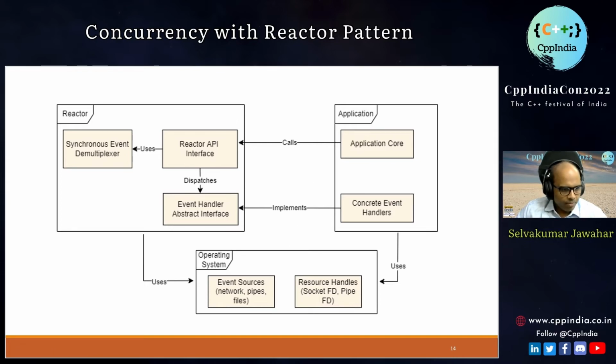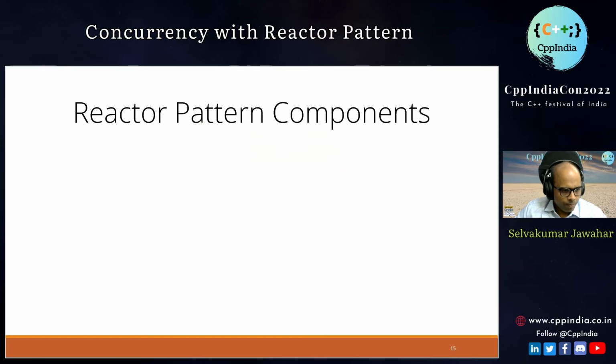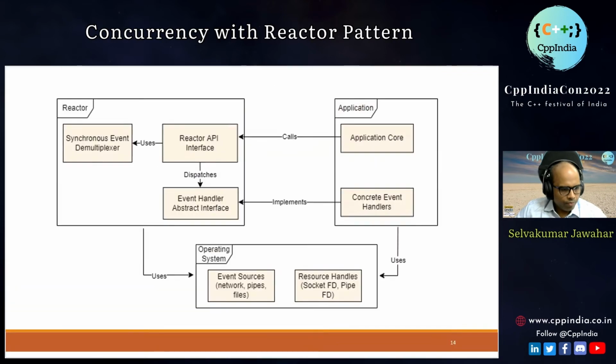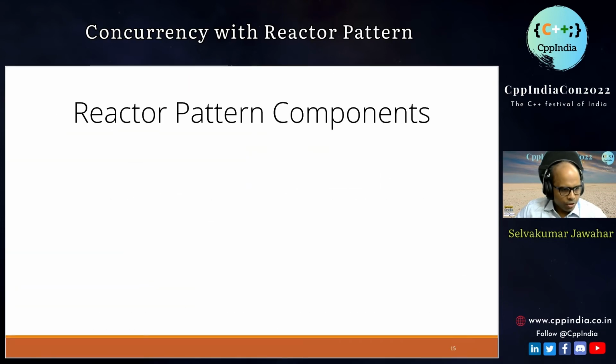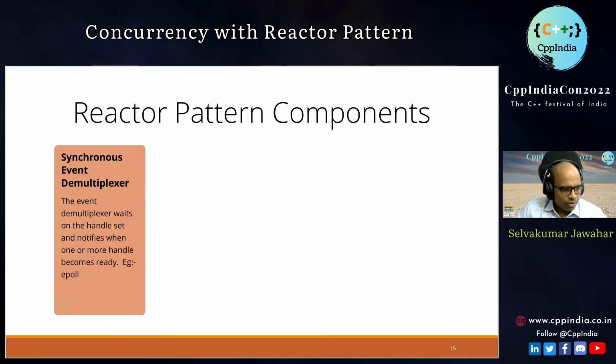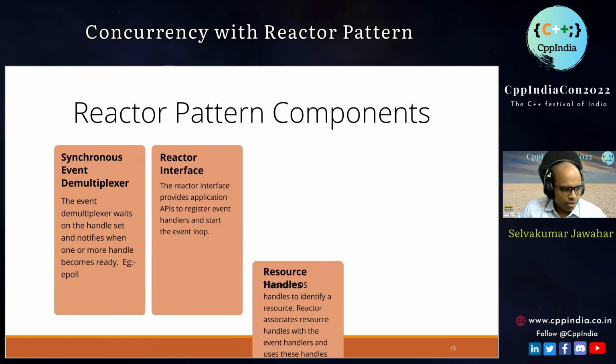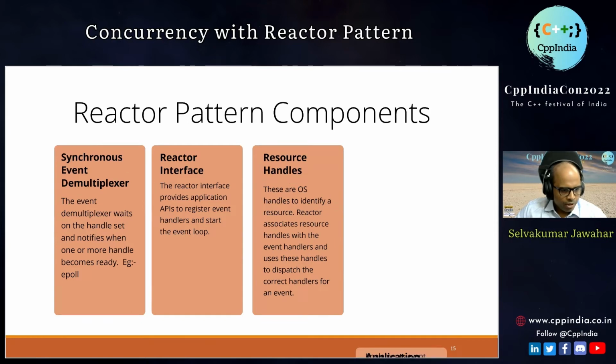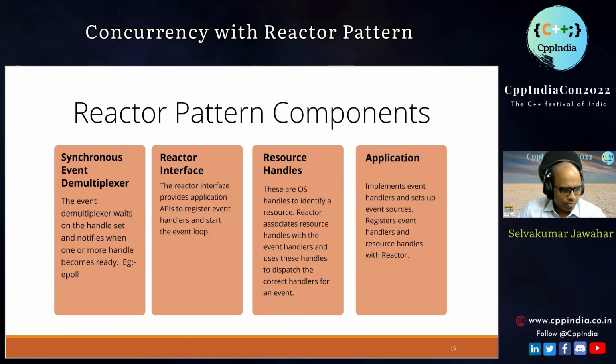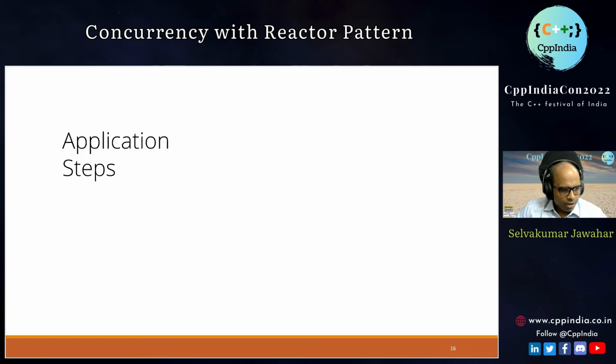So let's dive into some examples to see how the reactor works. As I mentioned, the main components are the synchronous event demultiplexer, reactor interface, resource handles, and application. I described them just now, so I'm moving on. Let's see what an application does.